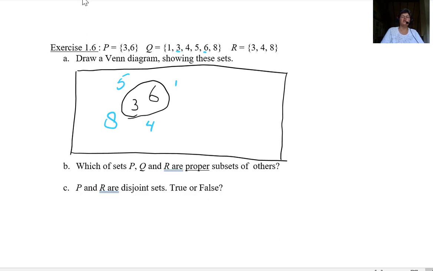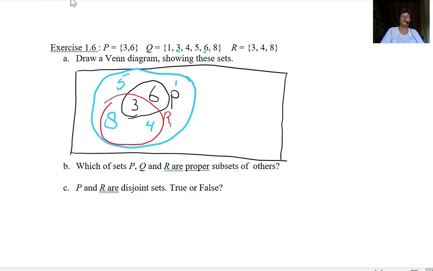So the set Q, let's make it blue, is this set, and the set R contains 3, 4, 8, so that's this set. Okay, so the red one is R, the black one is P, and the blue one is Q.